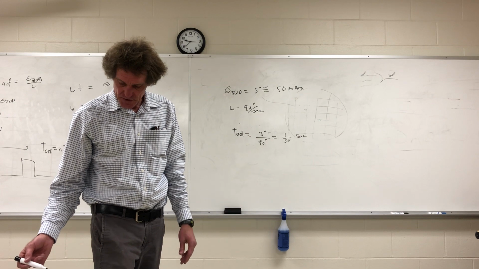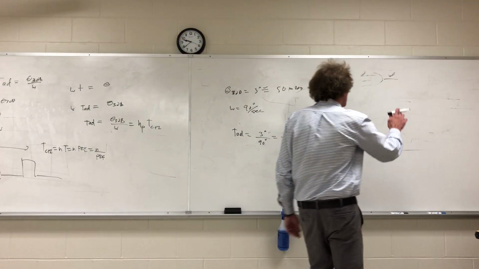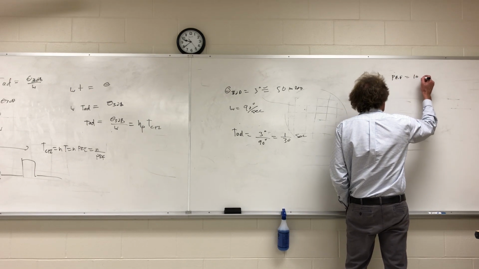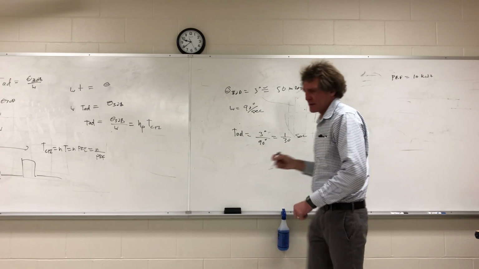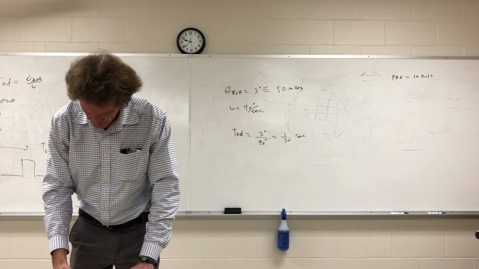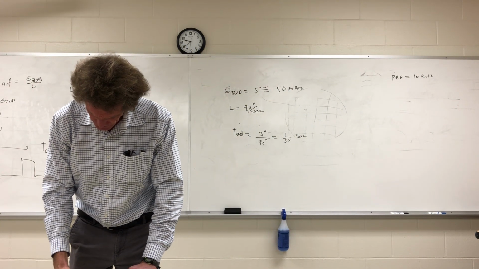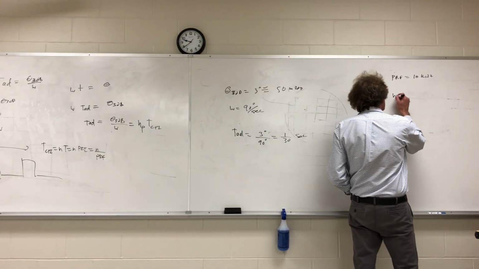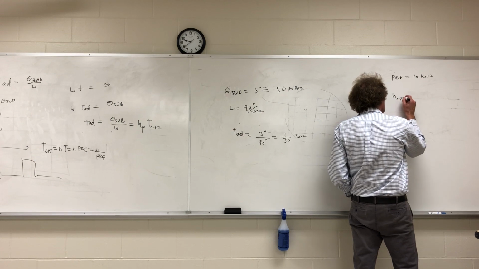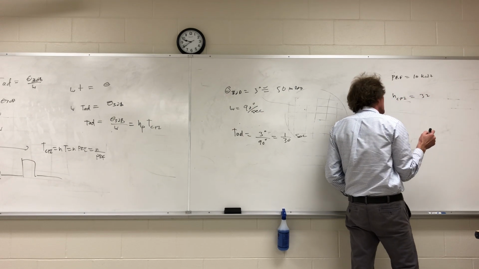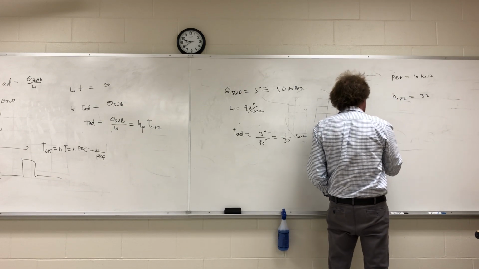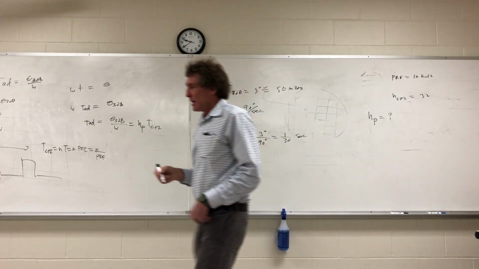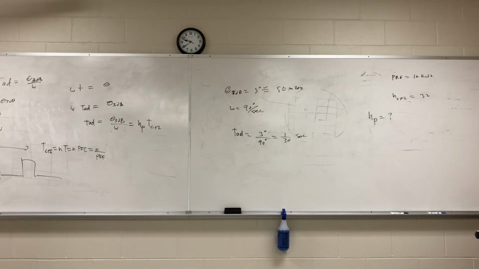If I assume, for instance, that the PRF, pulse repetition frequency, is 10 kilohertz, and the number of pulses in a coherent processing interval is 32, and now I want to know the actual number of coherent processing intervals in the one antenna dwell.